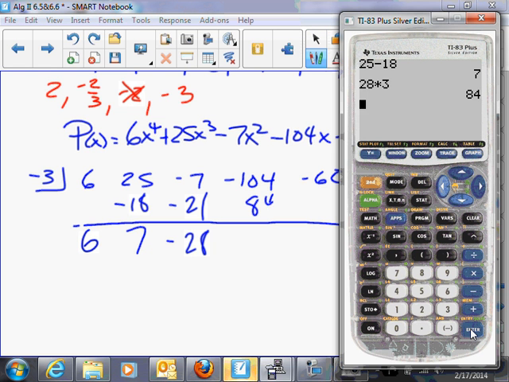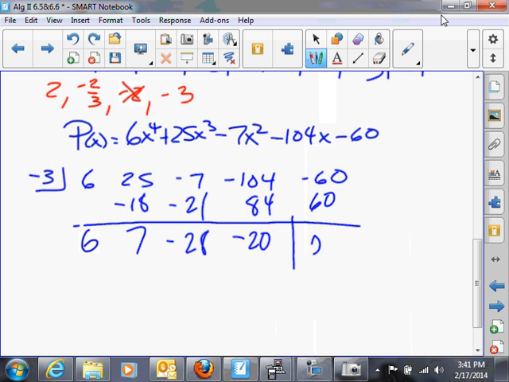Okay. And -104 plus 84 is -20. And okay, -3 times -20 is 60. And when we add, we get 0, which is what we were expecting.